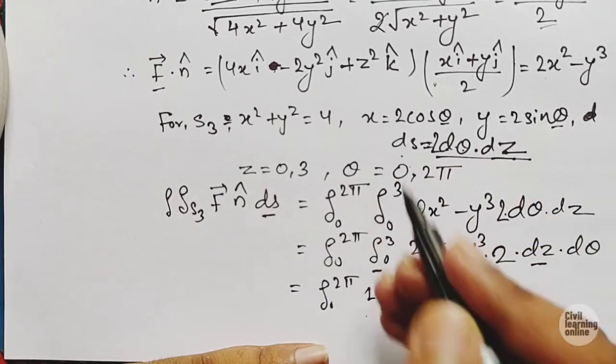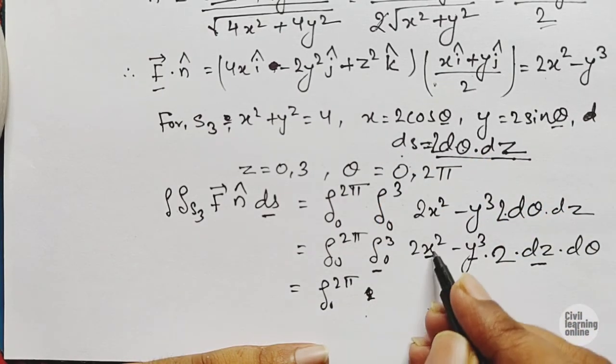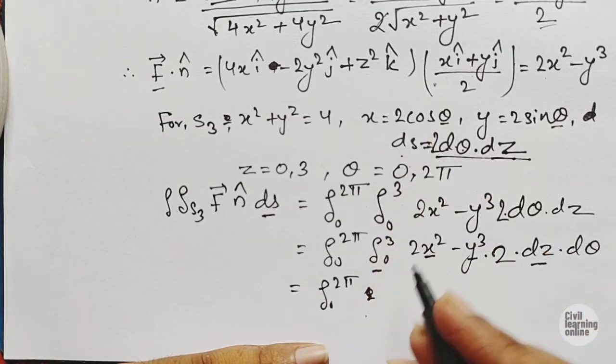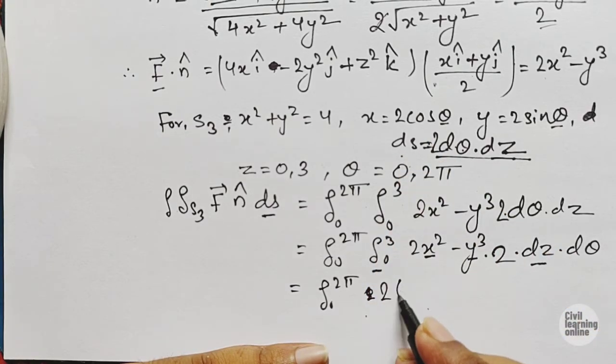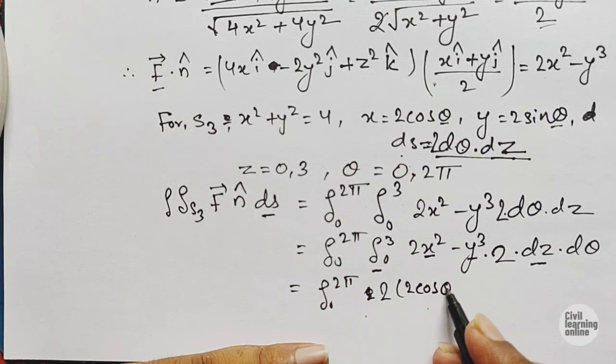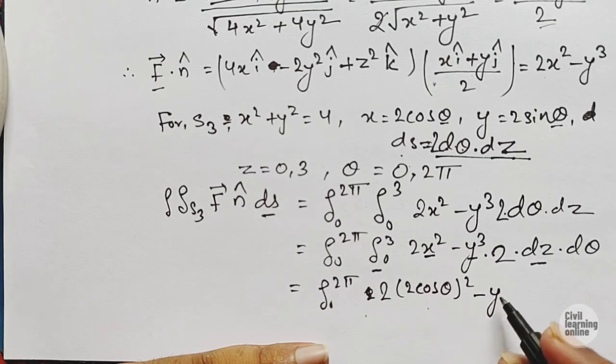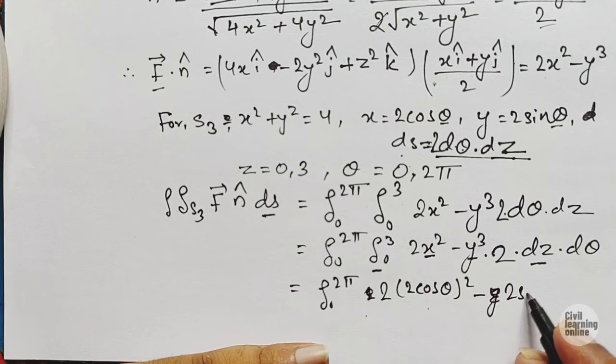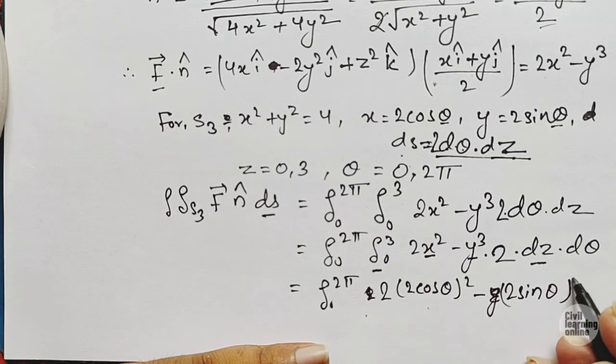In place of x we write x equals 2 cos theta. So 2 times x is 2 cos theta squared minus y, which is 2 sin theta to the power 3, multiplied by this 2, dz and then d theta.